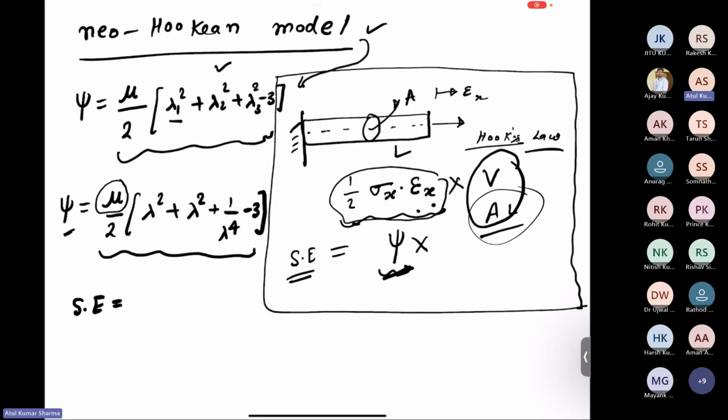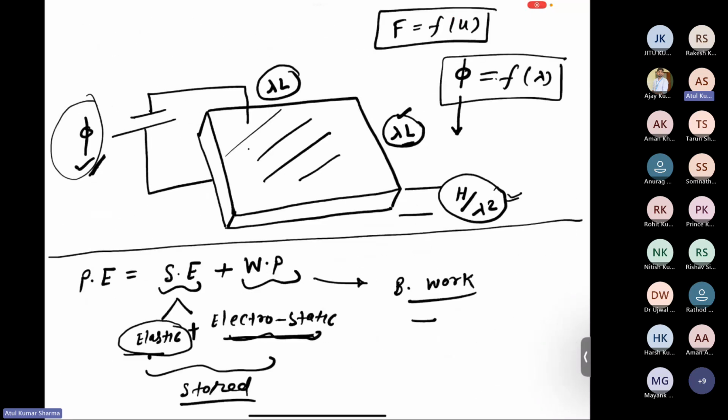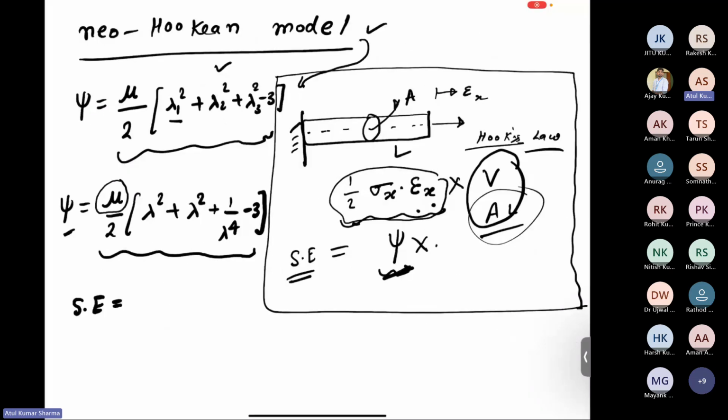So total energy stored in the system is energy density times the volume. Similarly, what is the volume of the dielectric elastomer? It is L square H, and it does not change throughout the deformation. At any state of deformation, it is L square H. So the energy stored in the body will be psi times L square H, which is the elastic part.